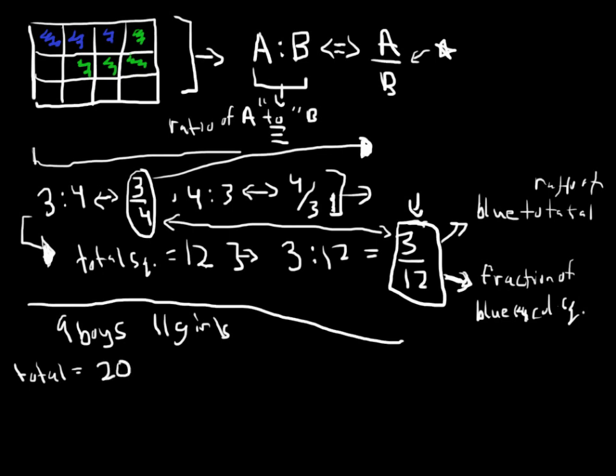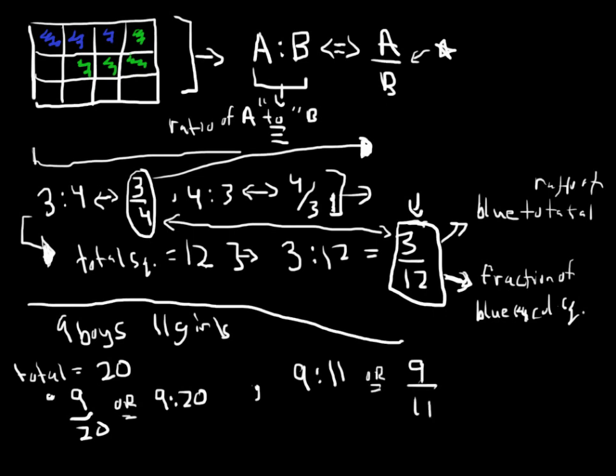So the fraction of boys to the total class is 9 over 20, or the ratio of boys to number of kids is 9 to 20. That is not the same as the ratio of boys to girls, which is 9 to 11, or 9 over 11.